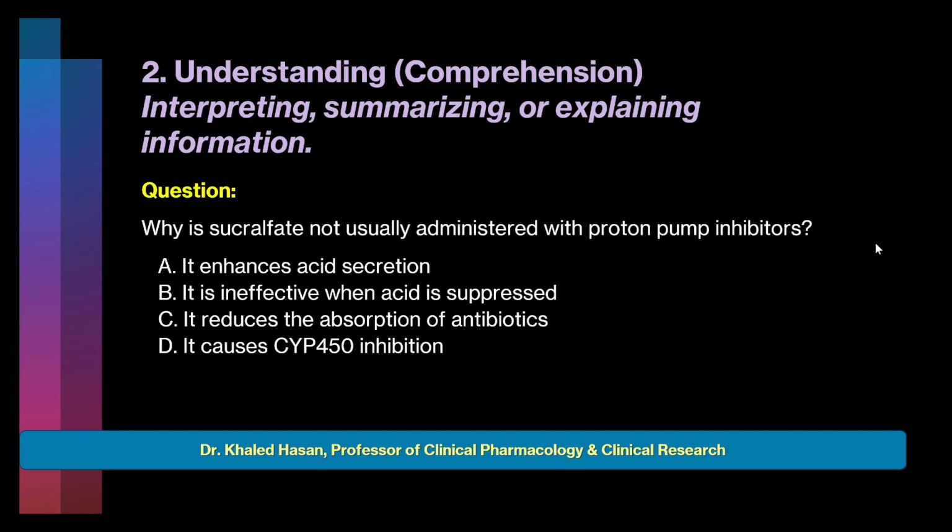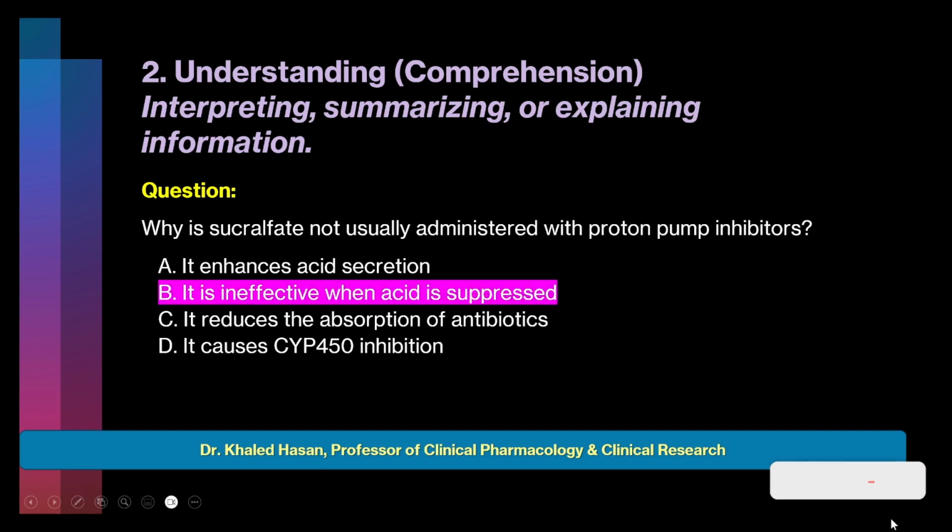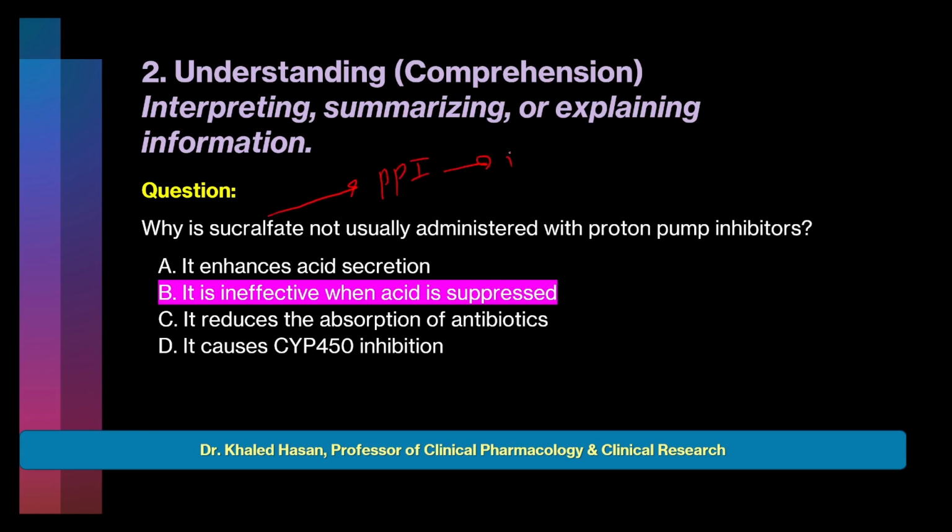So what is the correct answer here? The correct answer will be that sucralfate is ineffective when acid is suppressed. So when you add sucralfate with a PPI, this will inactivate sucralfate.